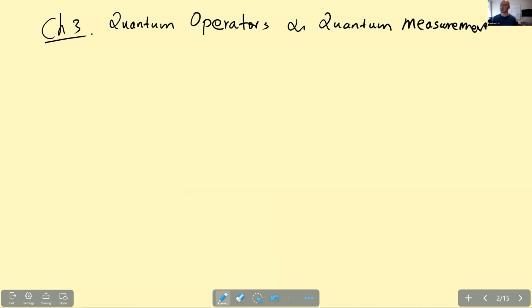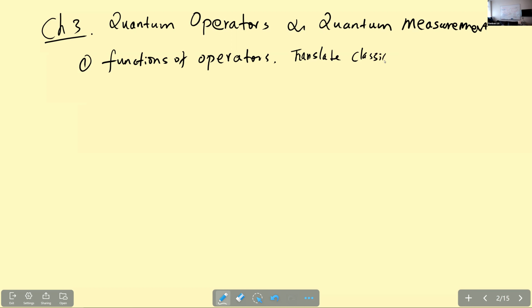We're going to first introduce functions of operators. This allows us to translate classical mechanics to quantum mechanics.